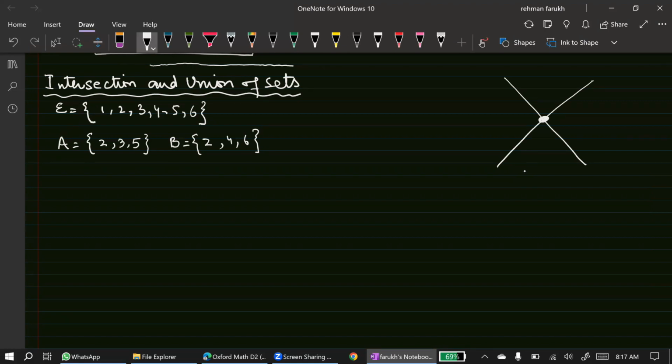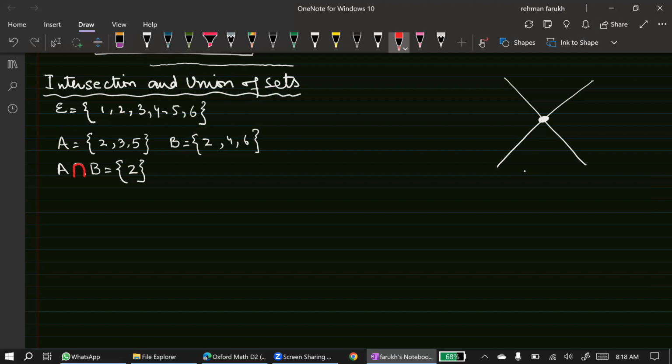The sign used to represent intersection is like this: A intersection B. And this set is equal to {2}. This one is the intersection sign.